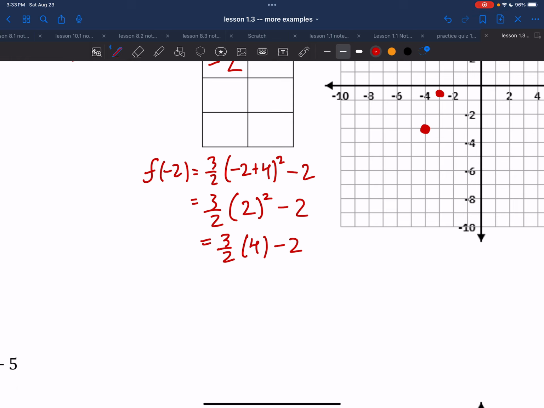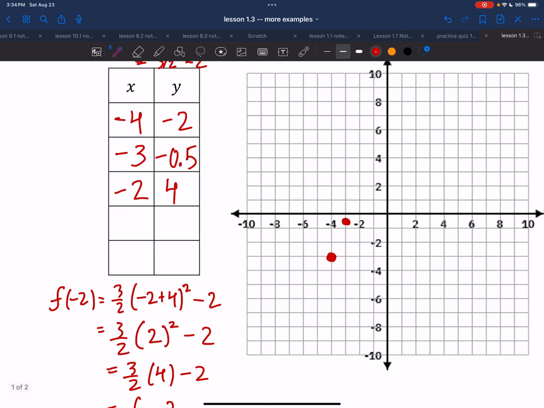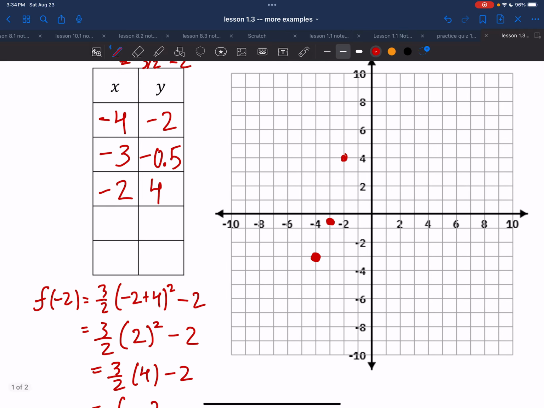Notice 3/2 times 4: if you do 3 times 4 on top, you get 12 over 2, which is 6. So I would get a 6 here. And then subtract 2, getting me 4. So I got -2 comma 4. Boom. Nice. And so I've got some points here.